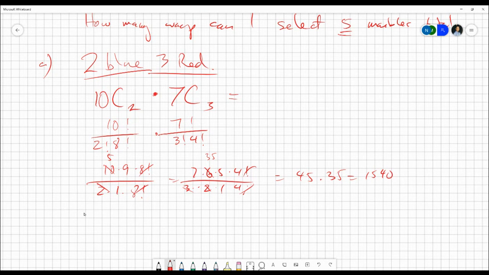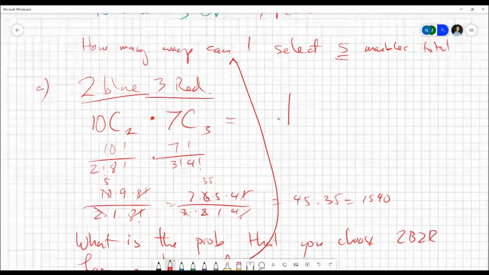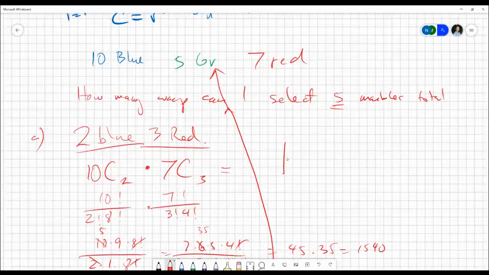So now, since you're curious, we can talk about the probability that you choose 2 blue and 3 red from a bag of marbles that have 22 marbles.